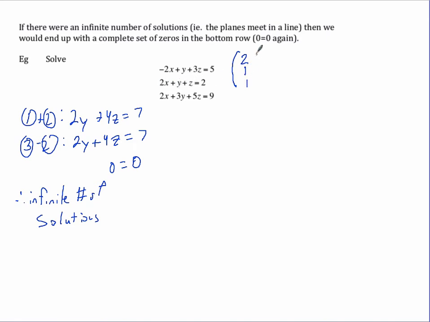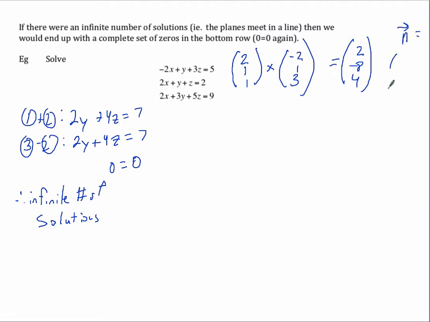So I'm going to take this normal, cross product with this one right here, negative 2, 1, 3. If I do that, you get 2, negative 8, 4. Now when you're getting some random normal, you can use a scalar multiple of that. So I'm going to make it 1, negative 4, 2, just to make it a bit simpler.